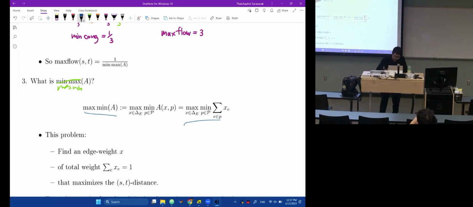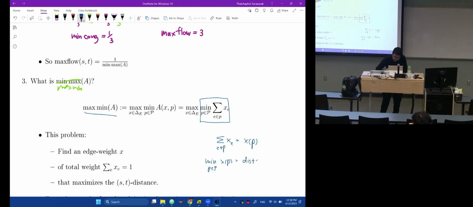But now when you think of this whole thing, what is this thing? Sum over E in P of X_E. If you think of X as an edge weight, then this is just the total weight of the path. And then what is the min over all paths of XP?